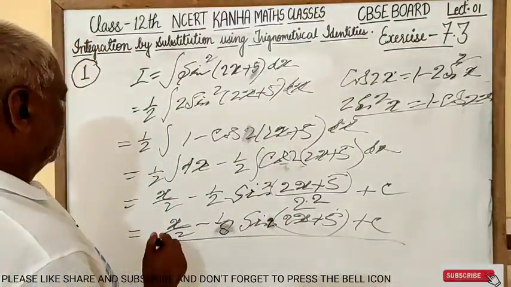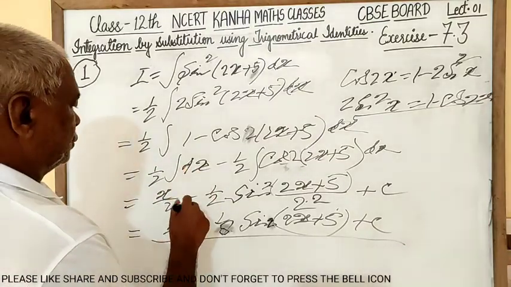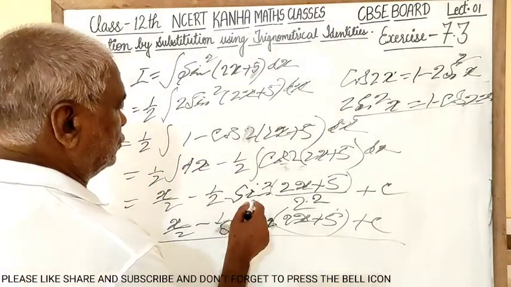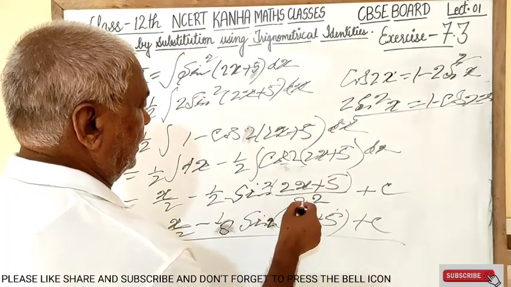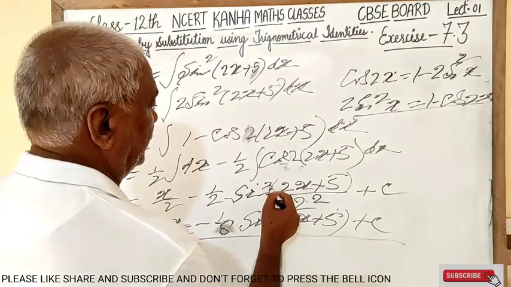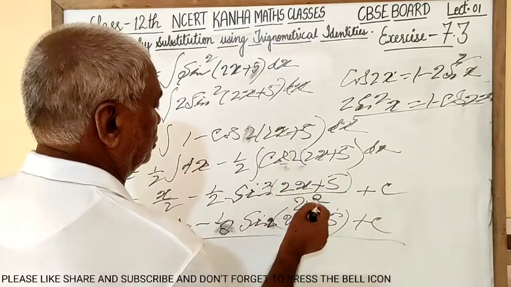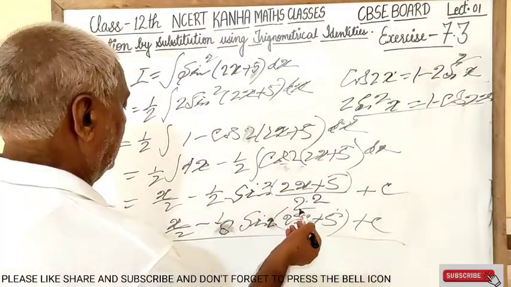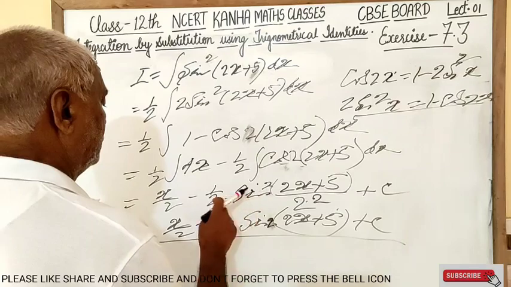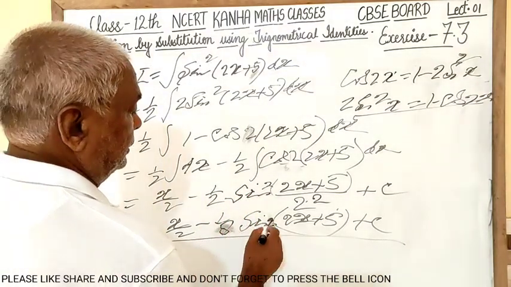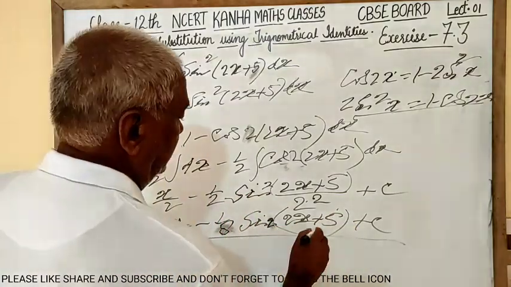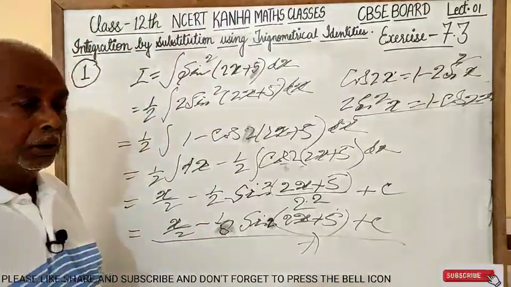So, integral will be x by 2 minus 1 by 2 sin of 2 into 2x plus 5 upon the derivative of bracket 2 into 2x plus 5, 2 into 2. Here will be 1 by 4 into 2, 1 by 8 sin 2 into 2x plus 5 plus c. This will be the integral.